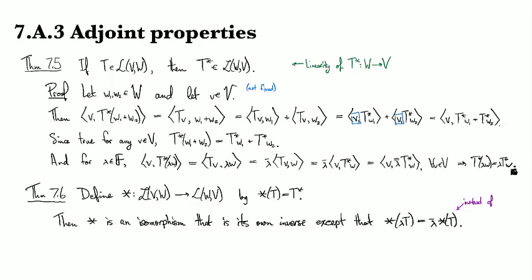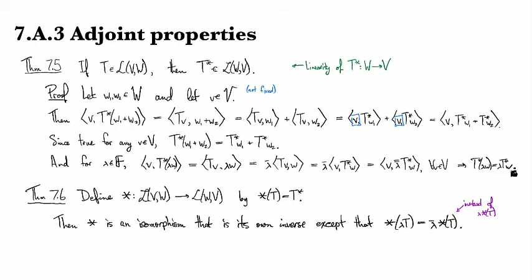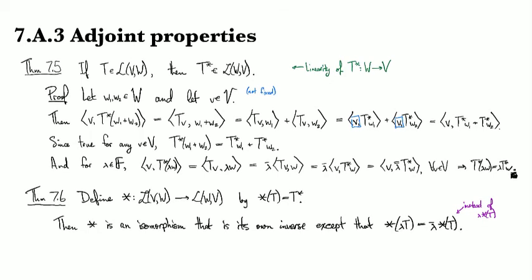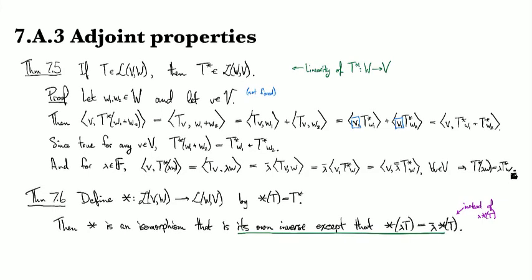For a true isomorphism, it would be lambda star of T, right? So a thing that has this property, if you do it twice, you get back where you started from, and it's an isomorphism, except you're off by a conjugate right here. Okay, so its own inverse except for this fact right here.